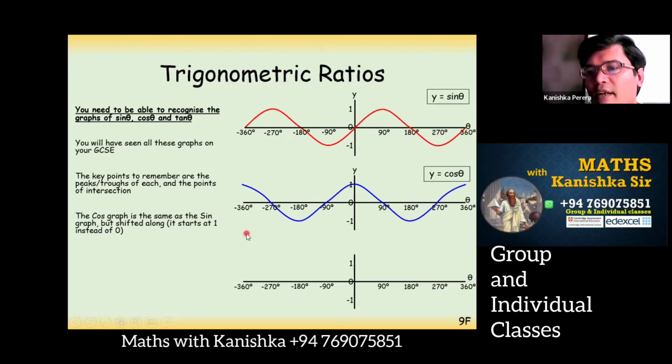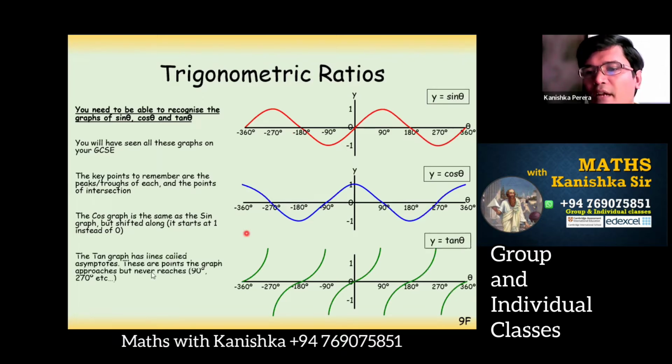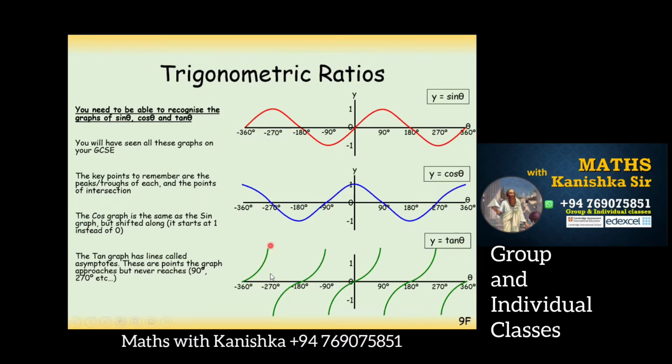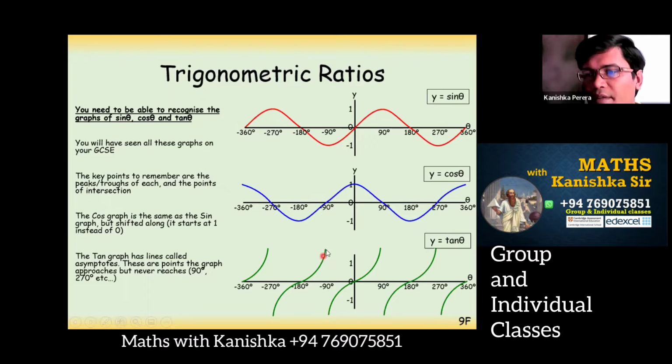But the tan one is a little bit different. You can see here, the tan graph has lines called asymptotes. We have one asymptote here, and there we have another one.